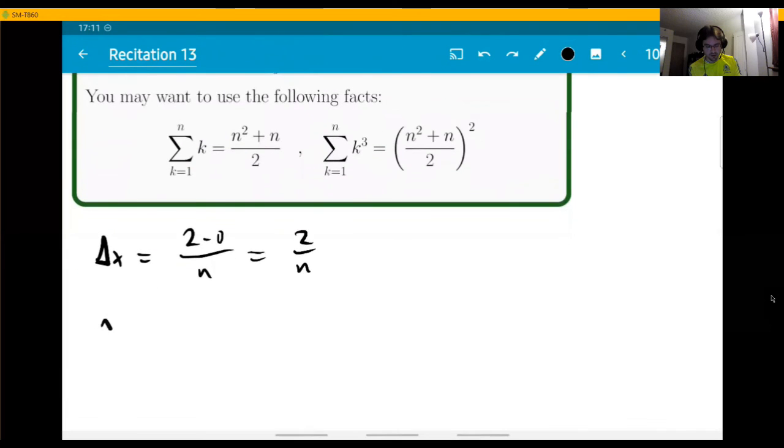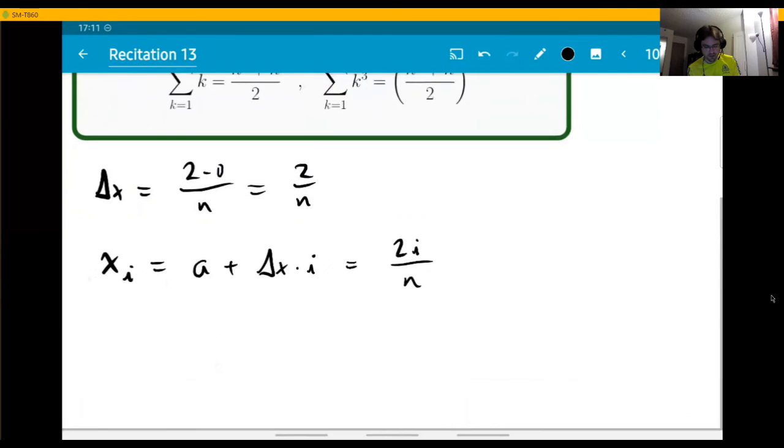The points xi, remember I gave you this formula, a plus delta x times i. This is like saying the x3 would be the initial point plus 3 times the delta. So in this case, a is 0, delta x is 2 over n, so xi is 2i over n.